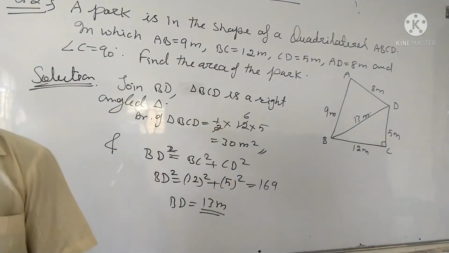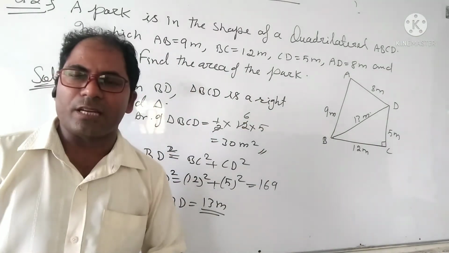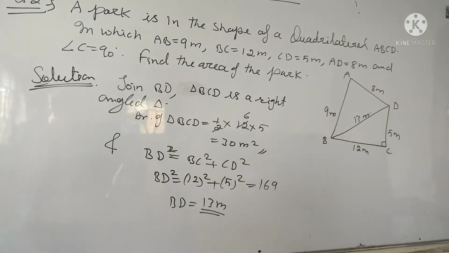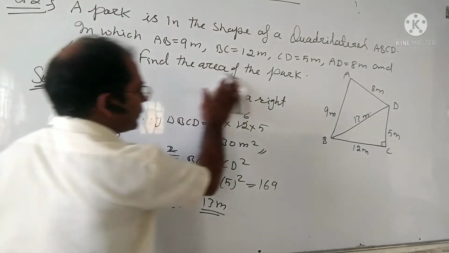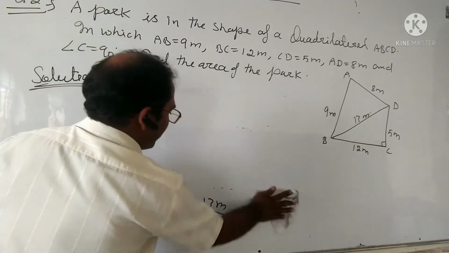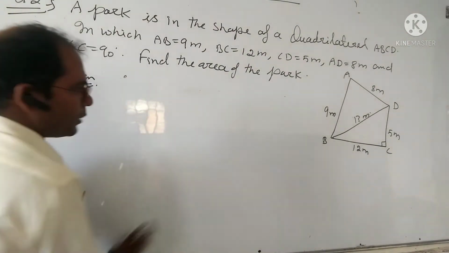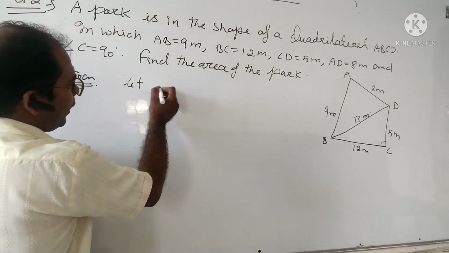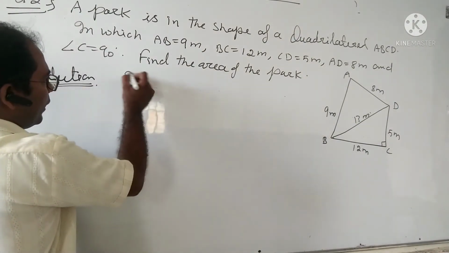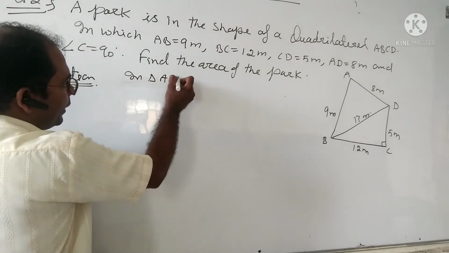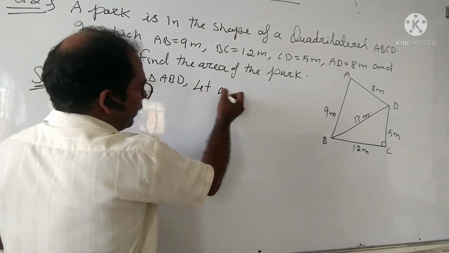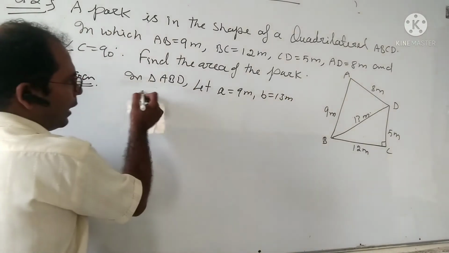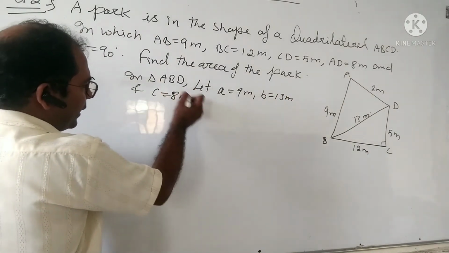Now we have all three sides of triangle ABD. Now this triangle is a scalene triangle. We will use Heron's formula to find the area of triangle ABD. Okay. So let us find the area of triangle ABD. Before that, in triangle ABD, let a equals 9 meter, b equals 13 meter, and c equals 8 meter.